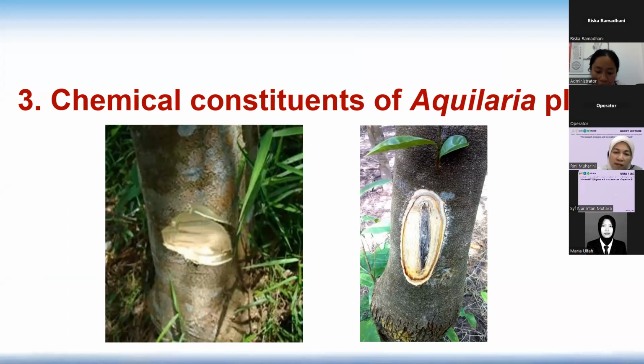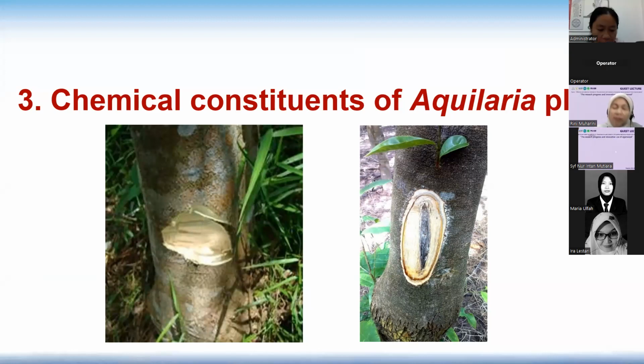But how about the chemical composition in the Aquilaria plants? Which means what kind of compounds are in this white part of the trees. So look at these two pictures. This is before agarwood is produced, and here the black part is agarwood.